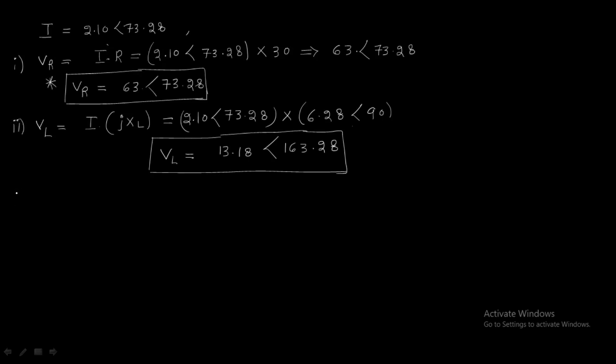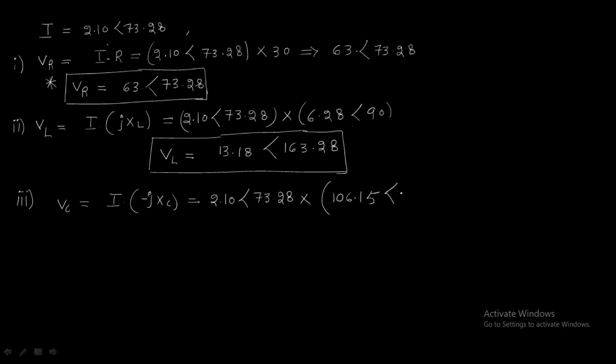Next, the third thing is the voltage drop across the capacitor. The formula is I into minus jXC. So I is 2.10 at an angle of 73.28, into minus jXC, where XC is 106.15.